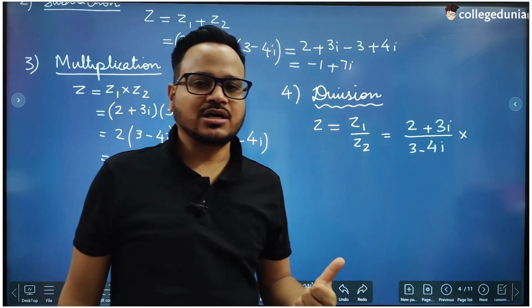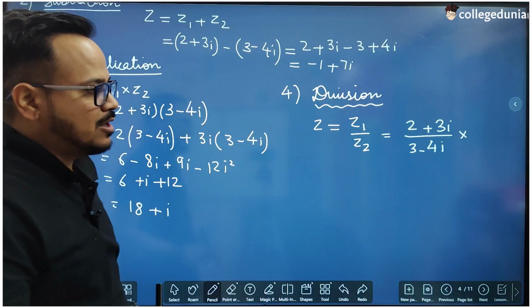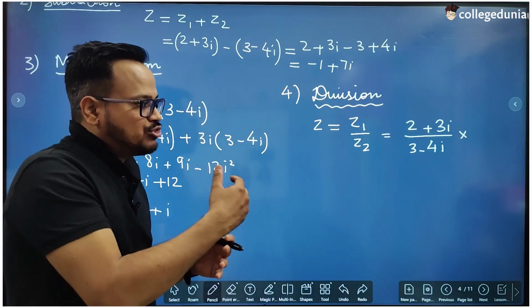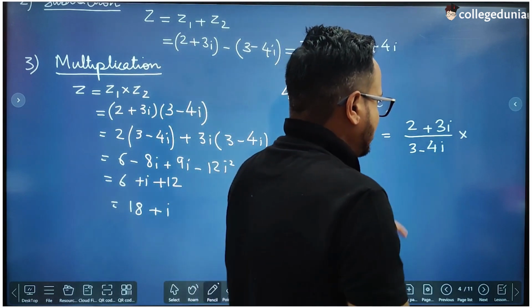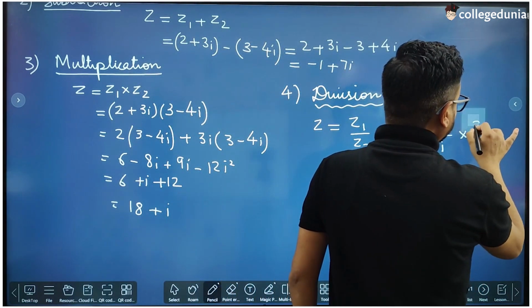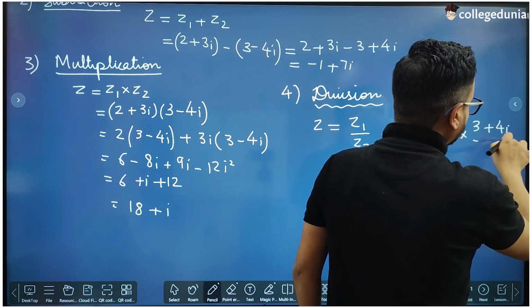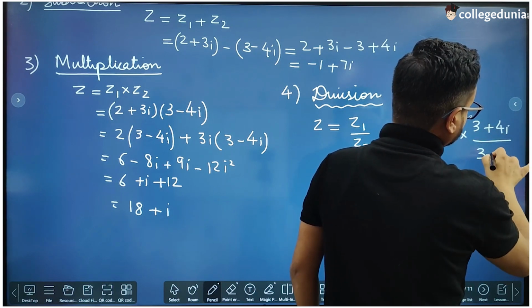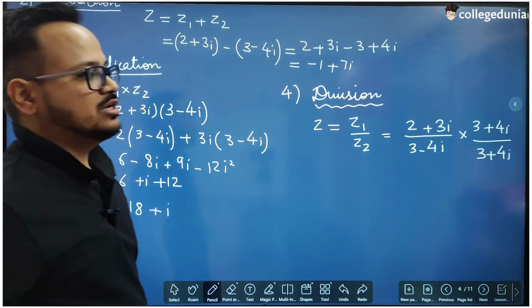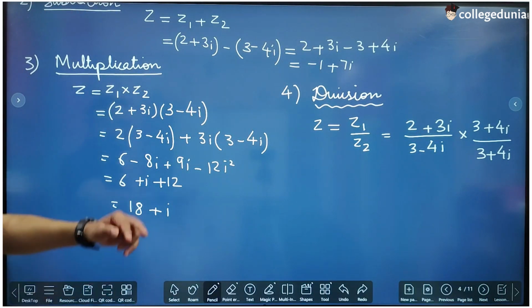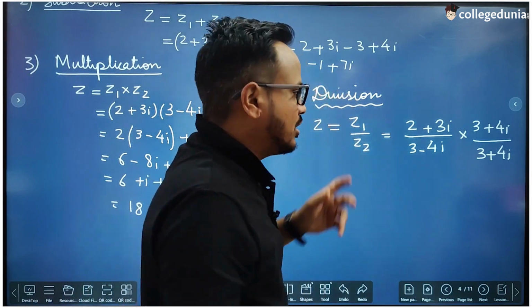What is a conjugate? The conjugate of a complex number is simply a complex number having the opposite sign in the imaginary term, right? If this is 3 minus 4i, then the conjugate of this is 3 plus 4i. We just have to change the sign of the imaginary term.